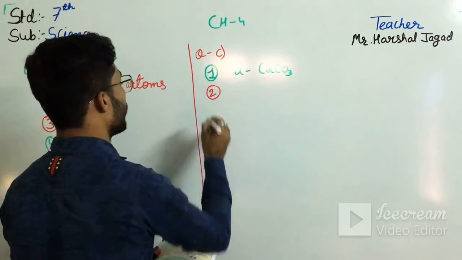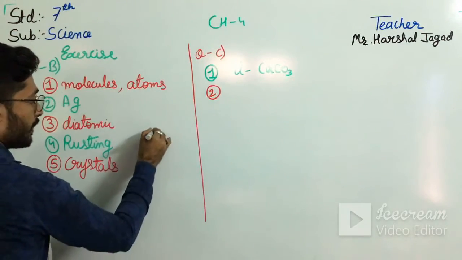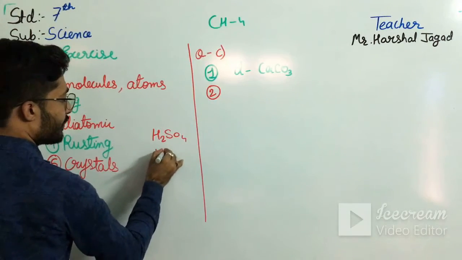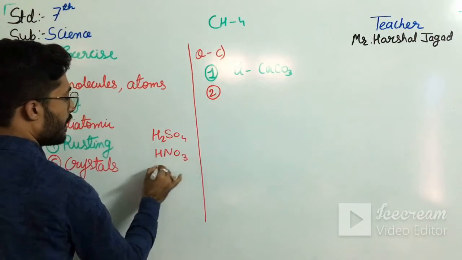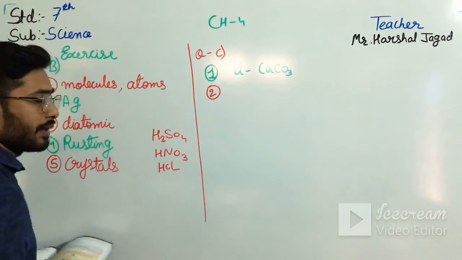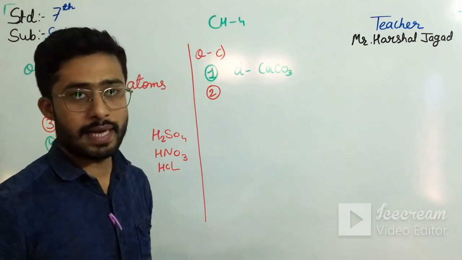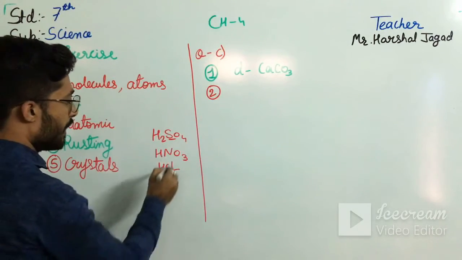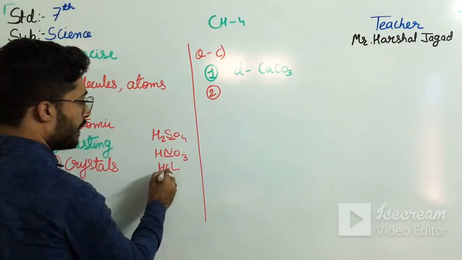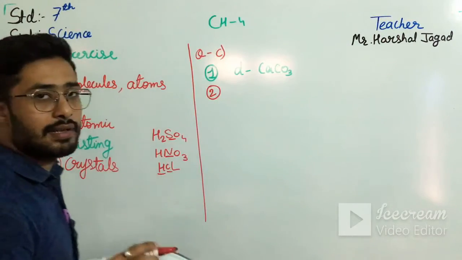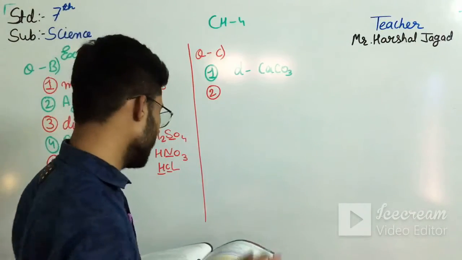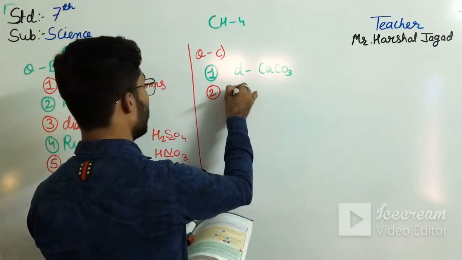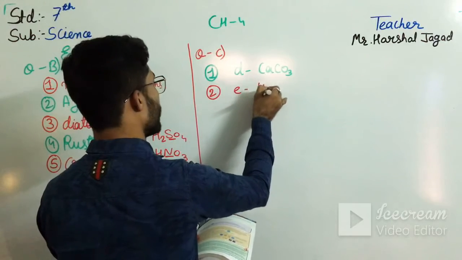I have told you that if H2SO4, HNO3, HCl are given and we don't know what is nitric acid, then S for sulfuric acid, N for nitric acid, and HCl means hydrochloric acid. Moving forward, here in the second, that will be E, that is HNO3.